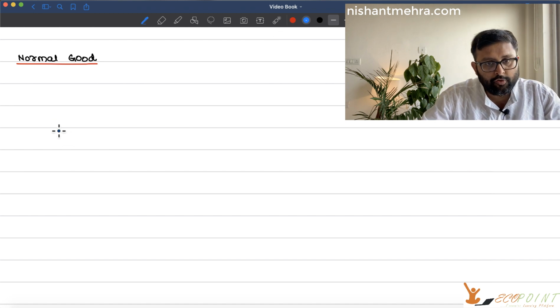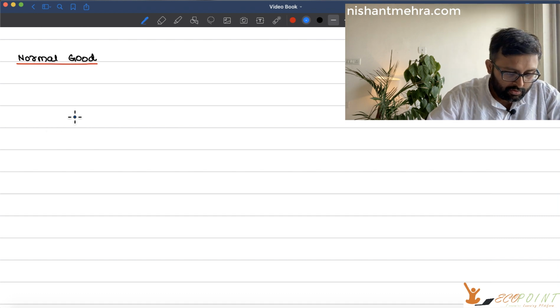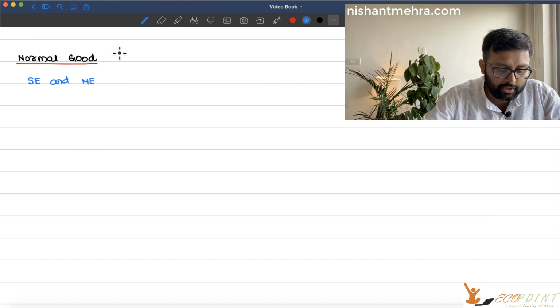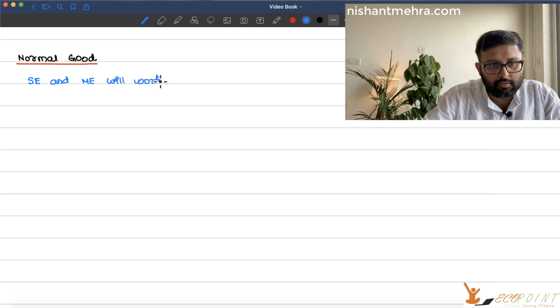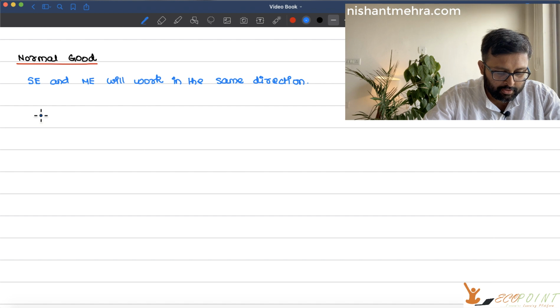For the normal good, we have already shown in our earlier recordings that the substitution effect and income effect work in the same direction.